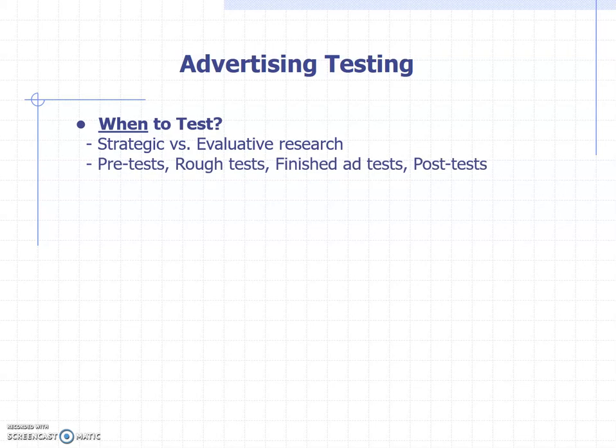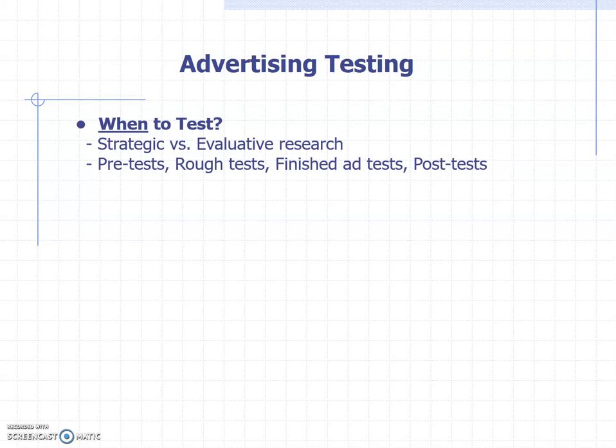So we have pre-tests, where we pre-test the advertisements to see if they're working, or they will be, will they work as they're intended. We can pre-test even just concepts. Before we even make a finished advertisement, we can just test various concepts, like advertising ideas.